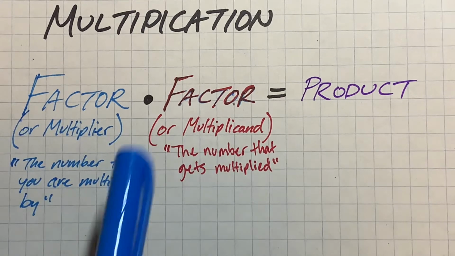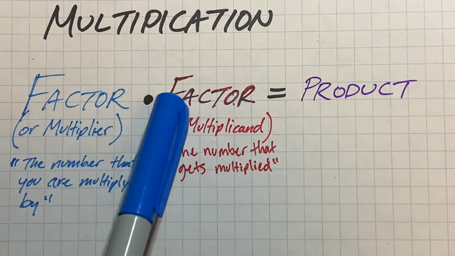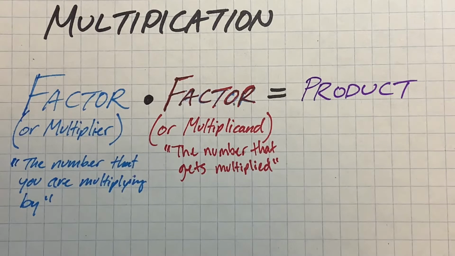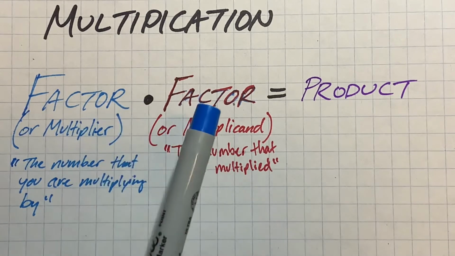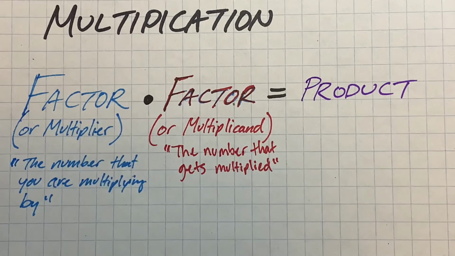with the factors, the first factor on the left side of the multiplication symbol, we call the multiplier. The multiplier is the number that you're multiplying by. The factor on the right side of the multiplication symbol is the multiplicand, and that is the number that gets multiplied. Again, multiplication is basically repeated addition.